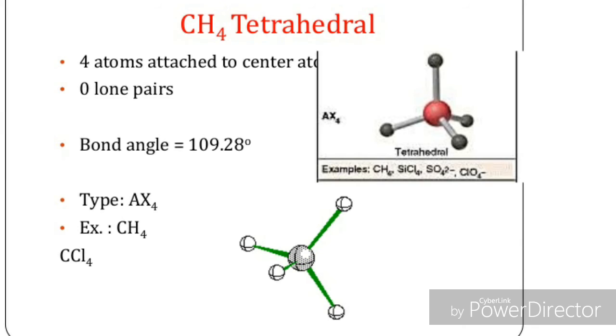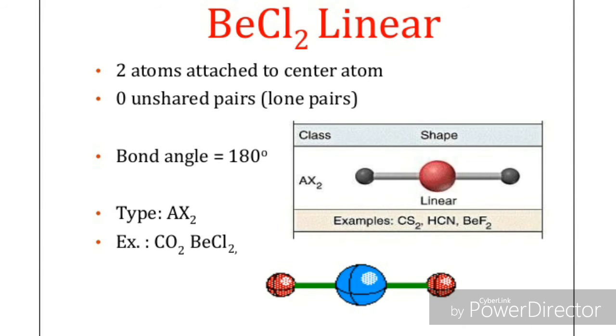Students, the third example is methane. The shape of the molecule is tetrahedral. The bond angle is 109 degrees 28 minutes. The fourth example is beryllium chloride. The shape of the molecule is linear and the bond angle is 180 degrees.